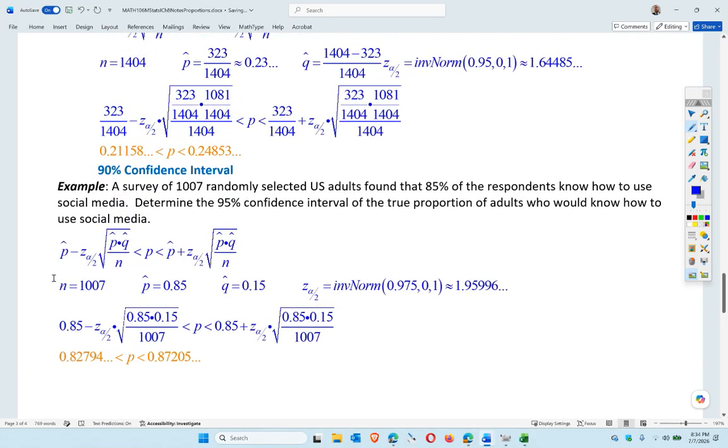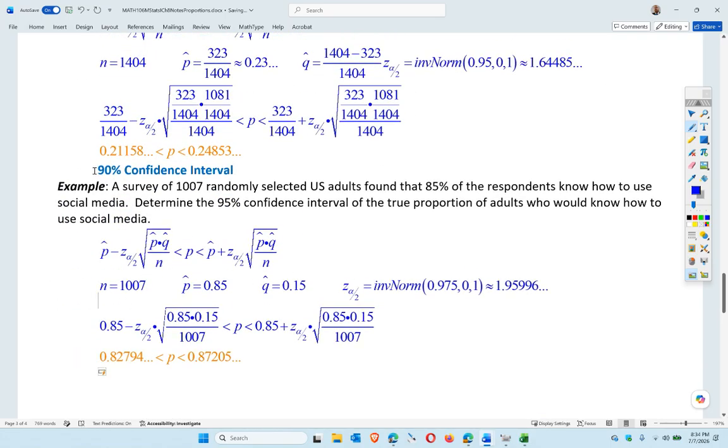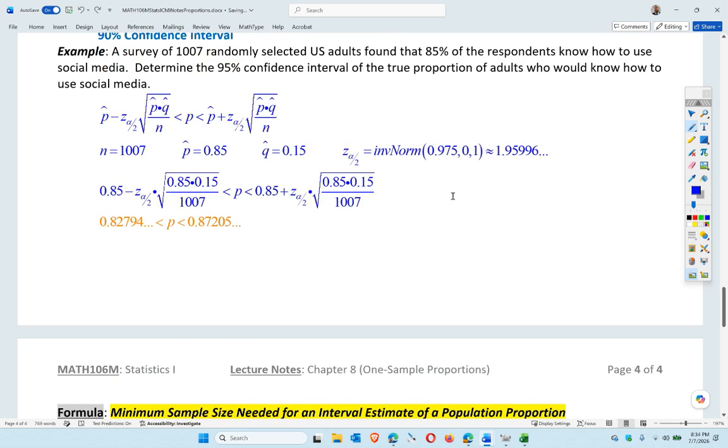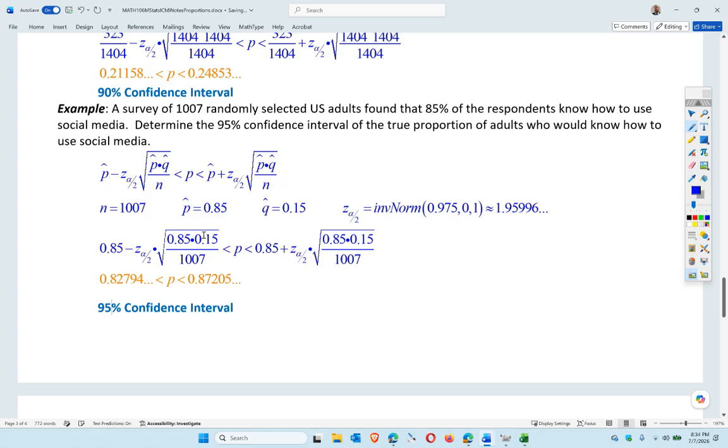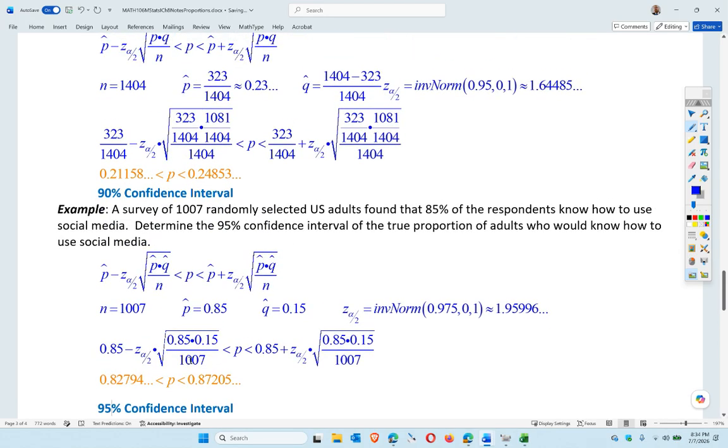There we go. All right, so we have two basic examples here. So this is a 95% confidence interval. So that's your basic types you're going to get, a ratio one or a percent one.